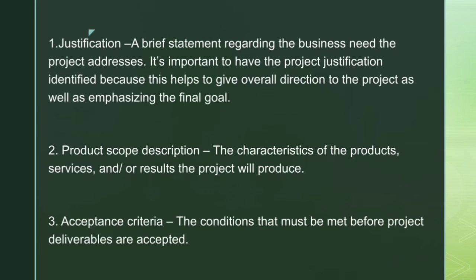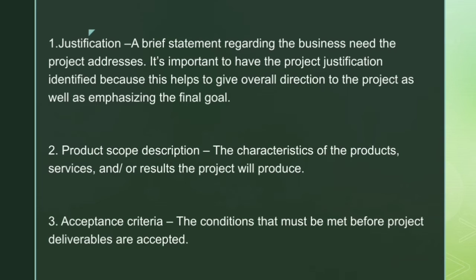The product characteristics of the products, services, and or results the project will produce. So when we talk about product scope description, it is all about the features of the goods, services, and or outcomes that the project will deliver.